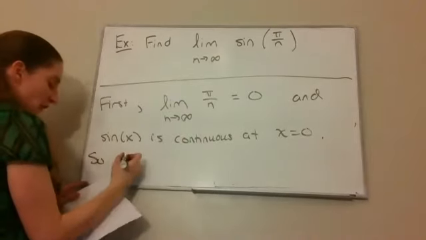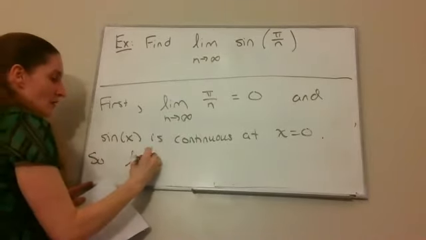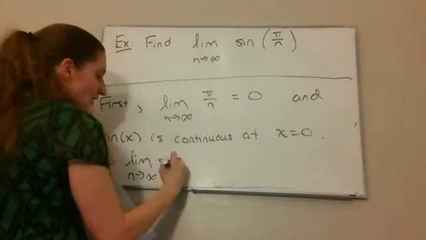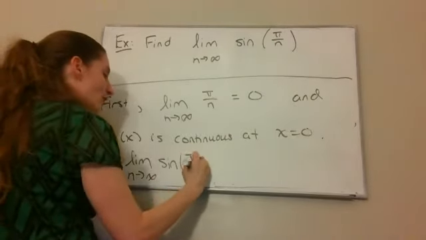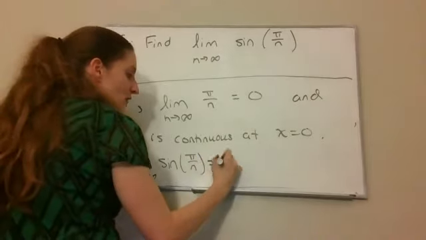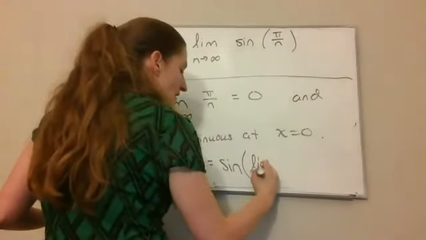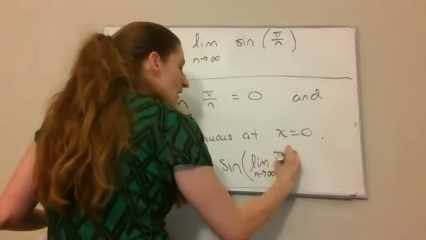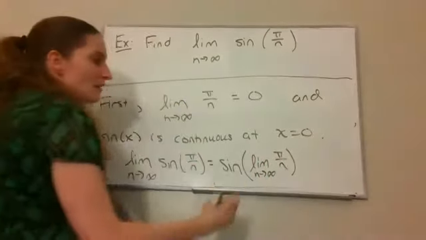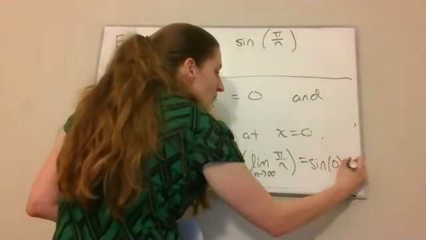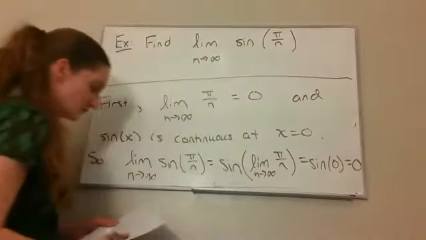So using that theorem we just had written down, my limit as n goes to infinity of sine of pi over n is equal to sine of my limit as n goes to infinity of pi over n. Well, that's sine of 0, which is 0.